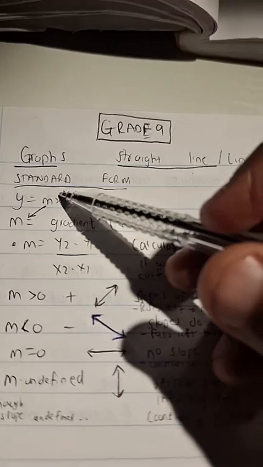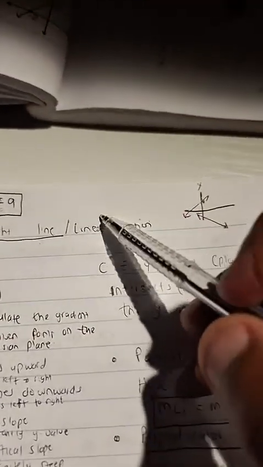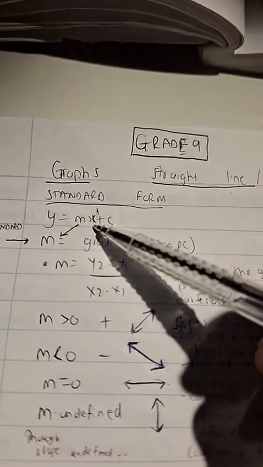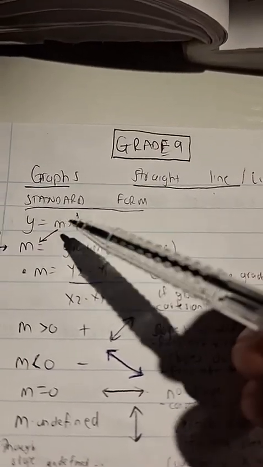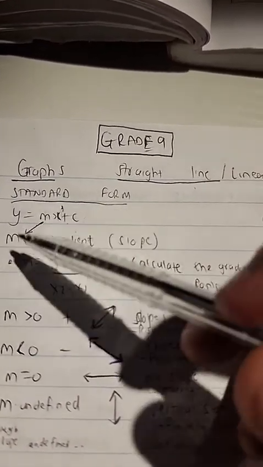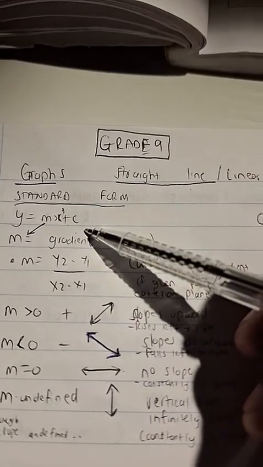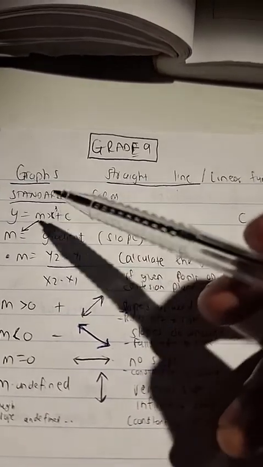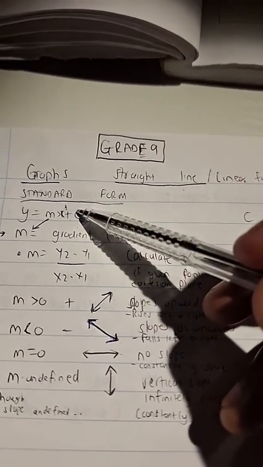If the x had the exponent 2, it would not be linear anymore. It would be something else. But a straight line function is unique in that its x has the exponent 1. It is the only x in the expression, and it has the exponent 1.